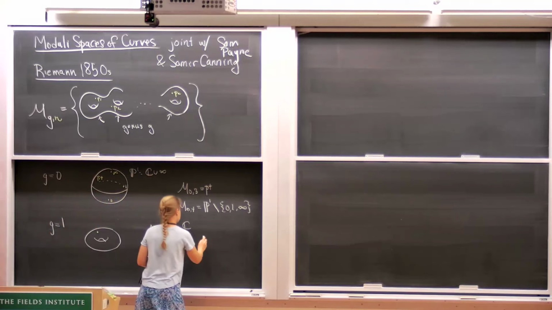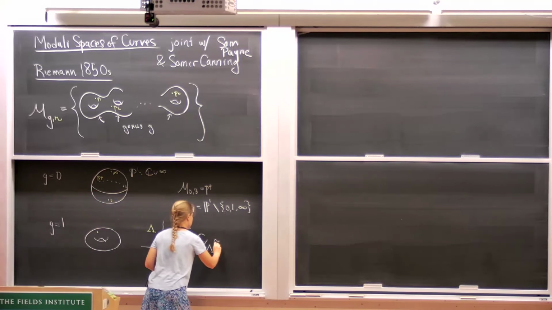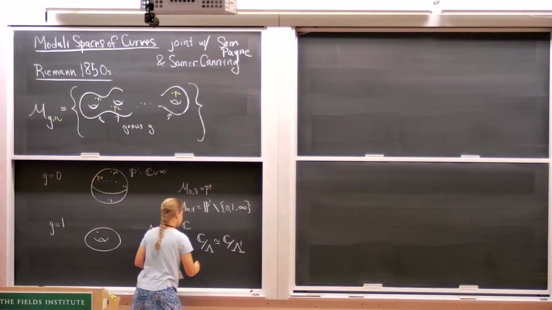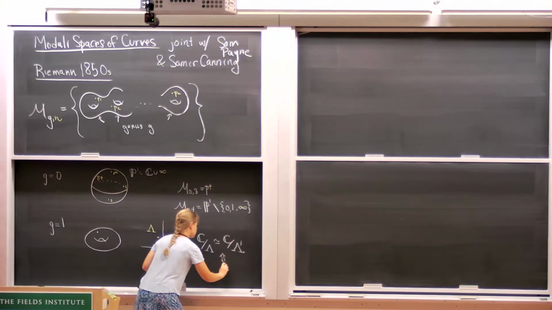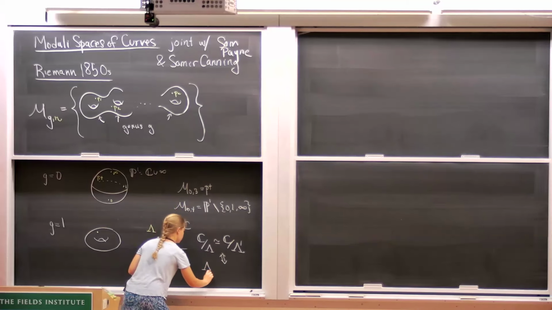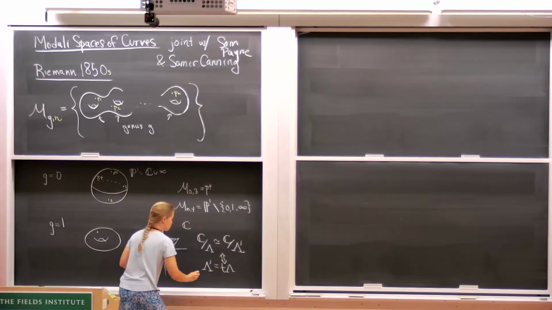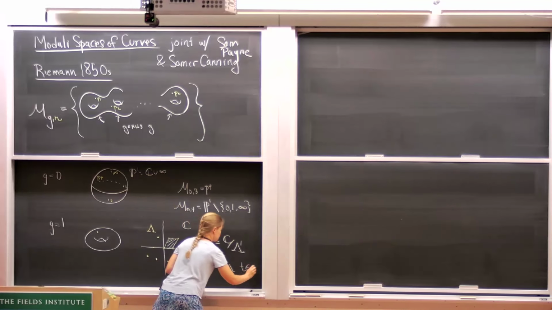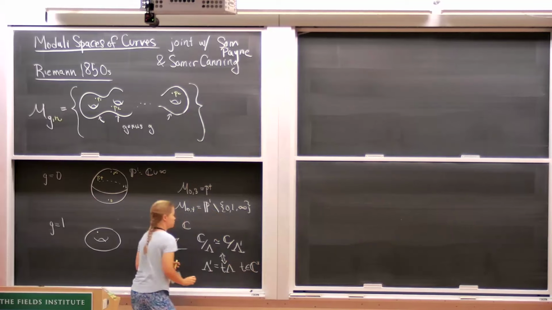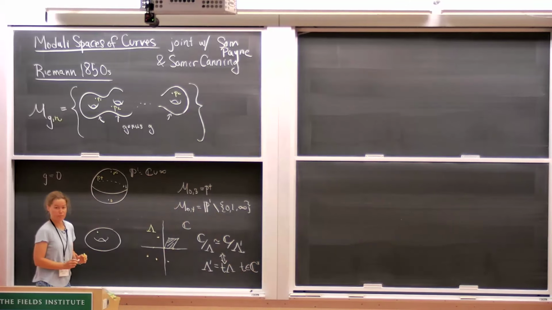So I get the same curve, C mod lambda is isomorphic to C mod lambda prime precisely when lambda prime is a scalar multiple of lambda for some non-zero number t.